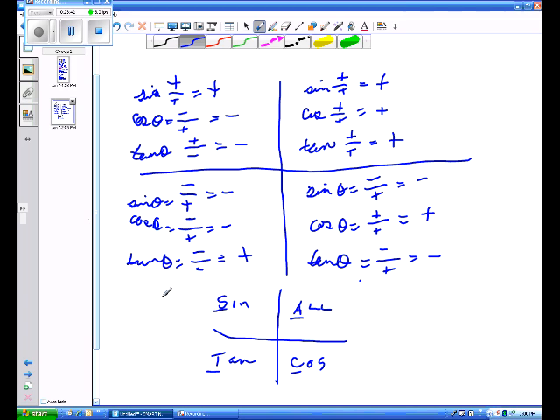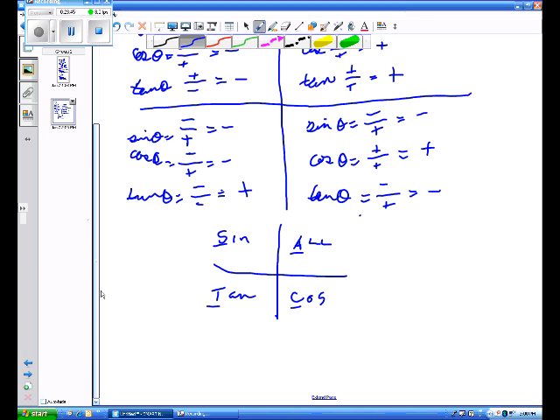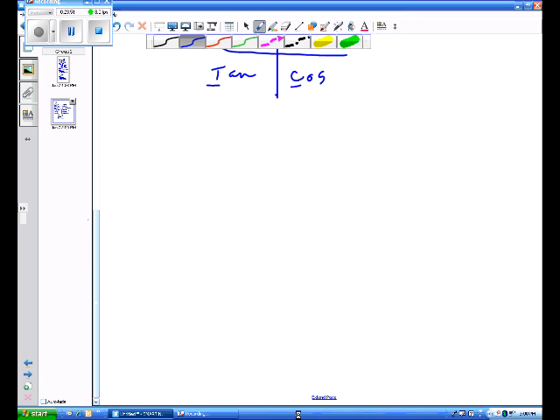So let's look then at how we would use that as we work with some of our functions. Let's say that we're told that the sine of the angle is equal to 12/13, and that theta terminates in, and sometimes you'll see it looks kind of like an E, just saying that it terminates in that quadrant, in quadrant 2.